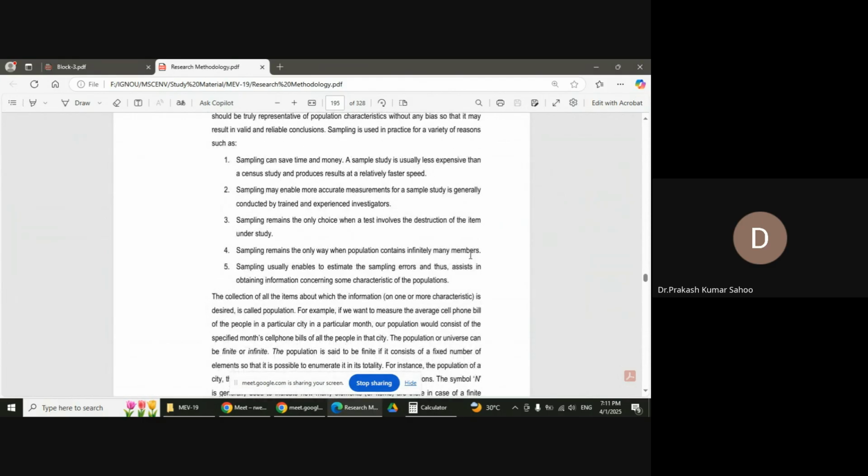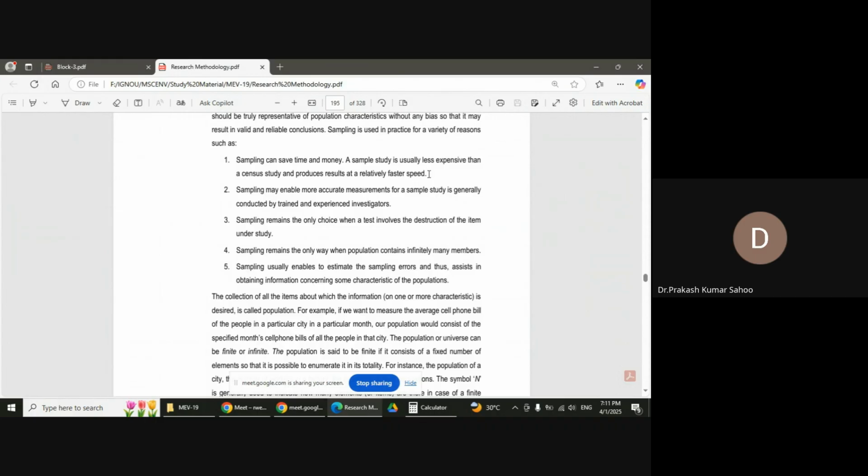Okay, so sampling can save time and money if you have a good sampling procedure. A sample study is usually less expensive than a census study and produces a result at relatively faster speed.